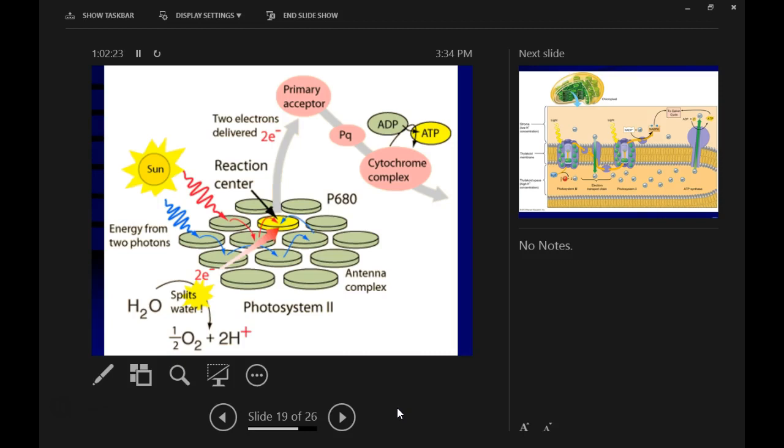Isn't that cool? So now we've knocked out 2 of the parts of our formula. Now we know what the water did, and now we know where the oxygen came from. Now we know where the ATP comes from, and now we know where the NADPH comes from.